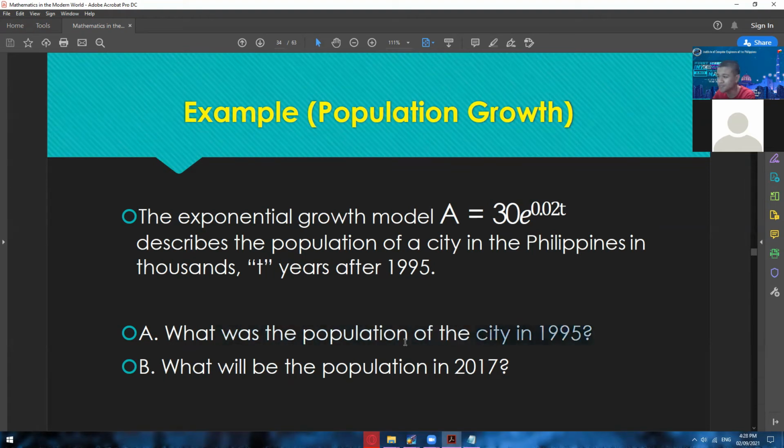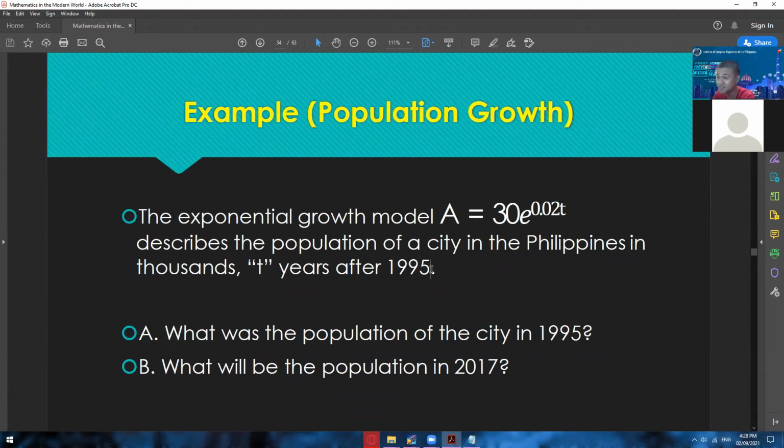So I think it's very obvious. Anyone who would like to answer letter A? What is the correct answer in letter A? Still 30,000, sir. Still 30,000.